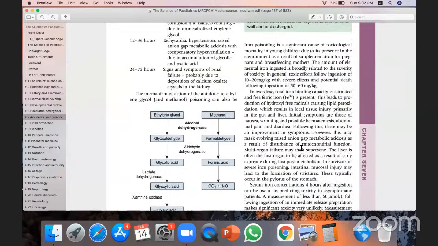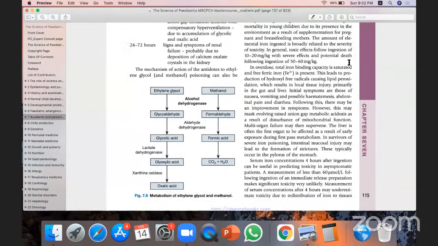These doses of iron and alcohol may not come in the exam, but the signs and symptoms are important. Initial symptoms are hematemesis, diarrhea, abdominal pain, and then there is high anion gap metabolic acidosis and multi-organ failure, and then they have stricture formation.